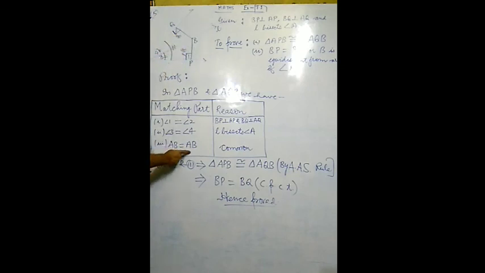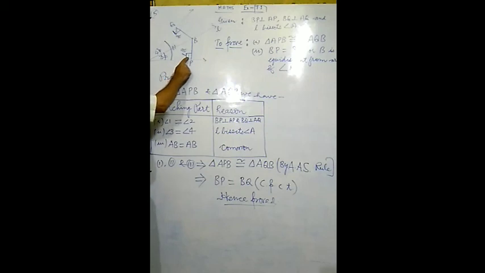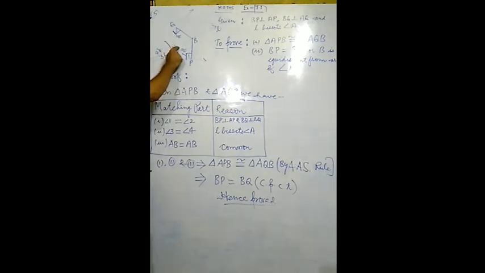And AB equals AB, it is common for the upper triangle as well as the lower triangle. Now see once again, this angle of the lower triangle equals this angle of the upper triangle, and this side is common because AB equals AB. These are three matching parts.